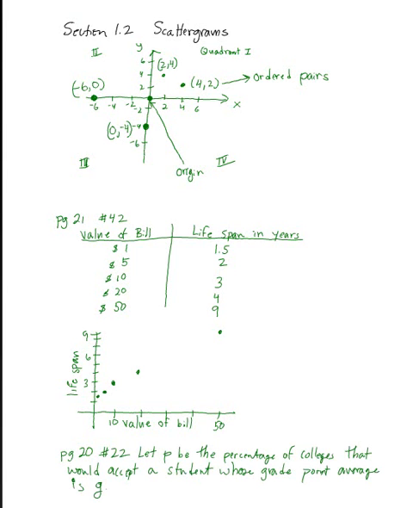The independent variable, the way I think of it, is the one that you're usually going to know, and the dependent variable is the one that you're going to figure out. So in this problem, generally, it would seem to me that what I'm going to know is my grade point average. I'm going to know my GPA. So it seems to me that independent is GPA.